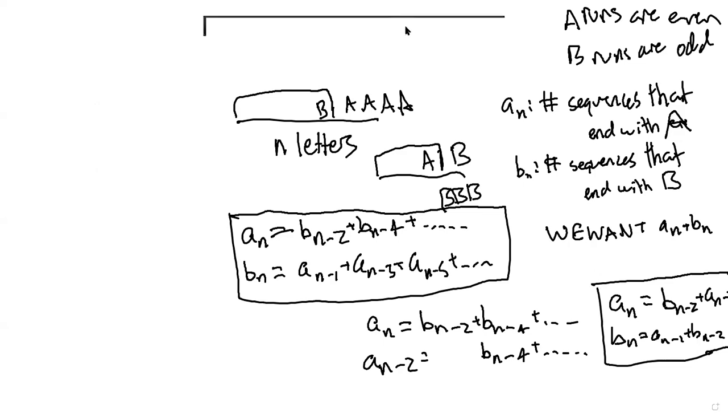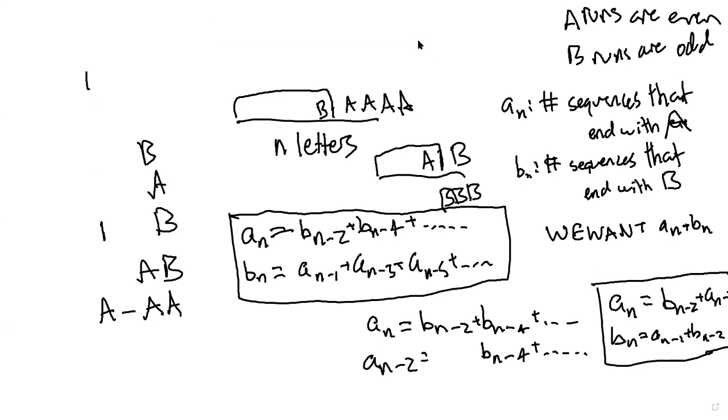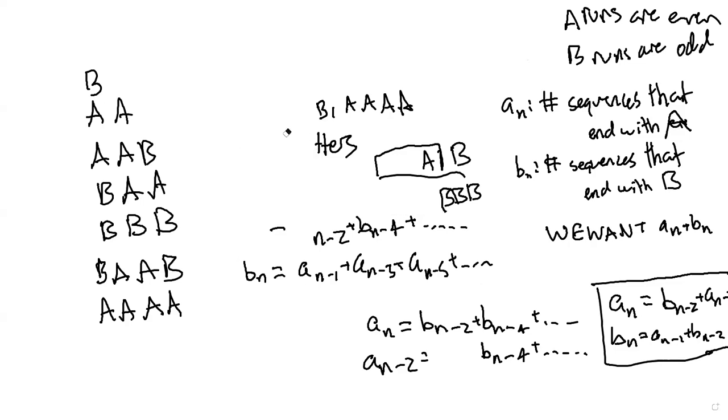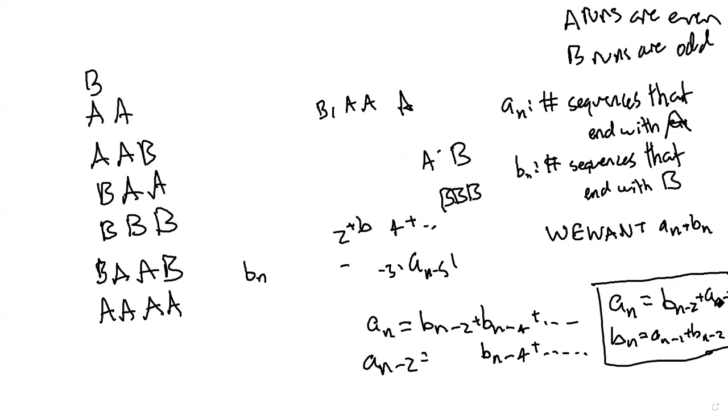And oh, I should not have erased that. So we can use this. I will actually erase everything else. That should be an a sub n minus 2 over there. That got cut off.